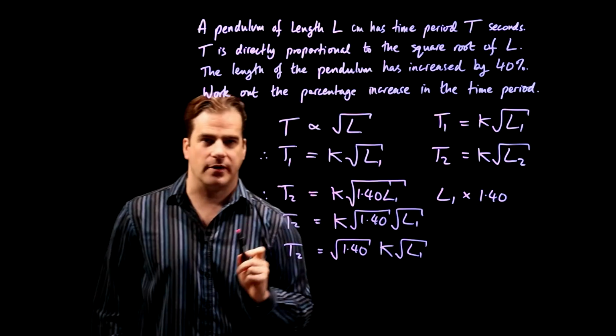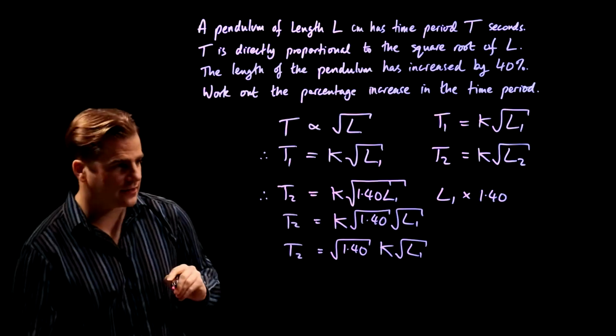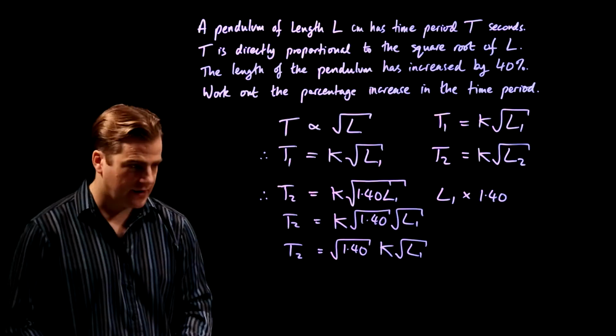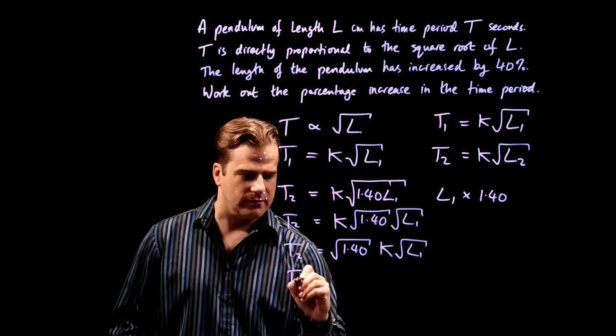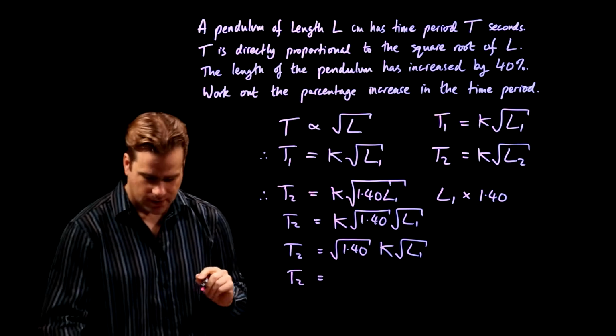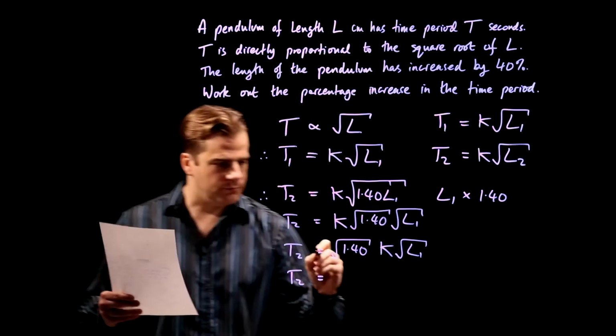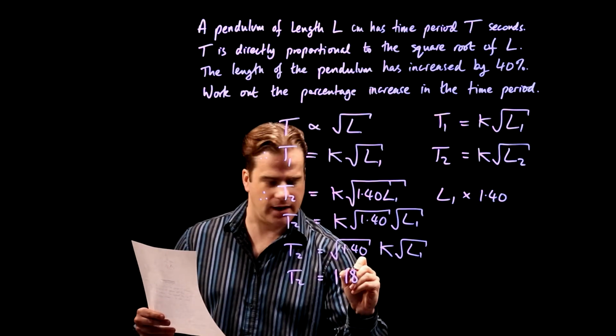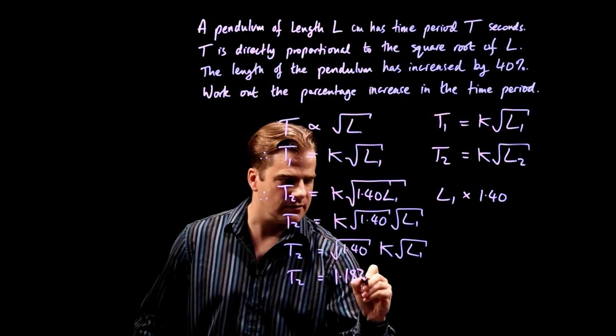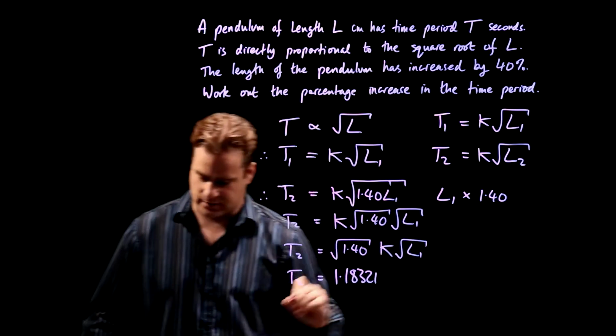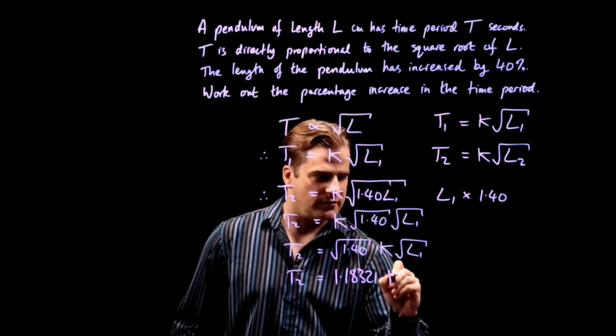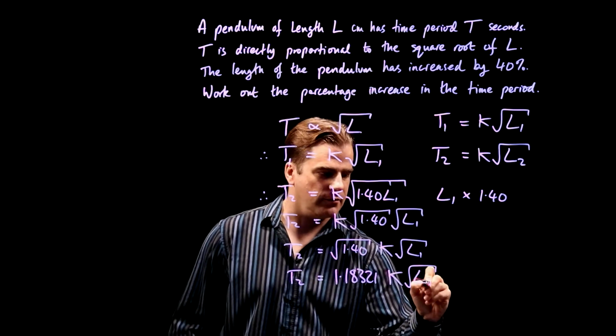So, put the square root of 1.40 in your calculator and you get T2 equals 1.18321 something times k times square root of L1.